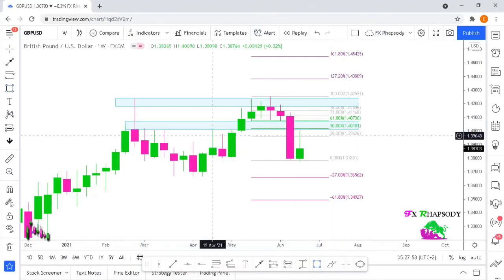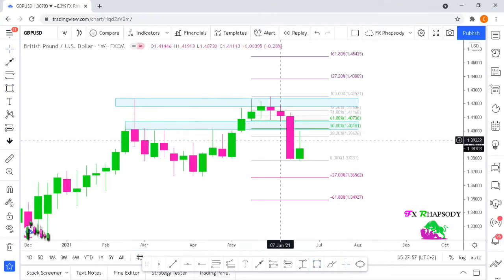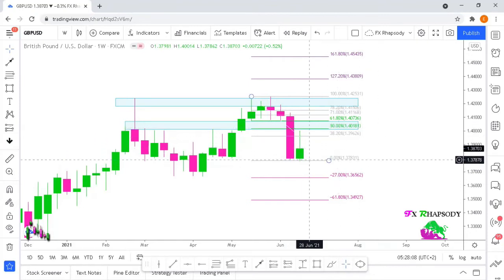That area of resistance was respected before, and you can see how this candle came down and came up and retested this 50% area, not closing there. It just touched it and pulled back, meaning it's a nice area of resistance.